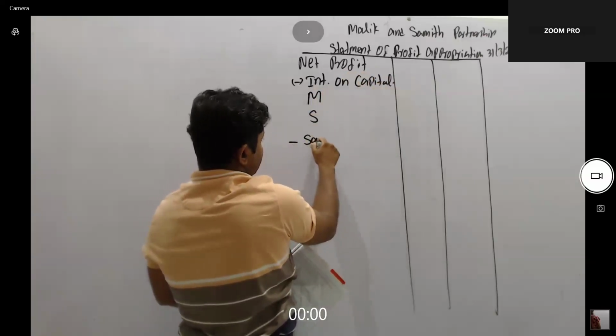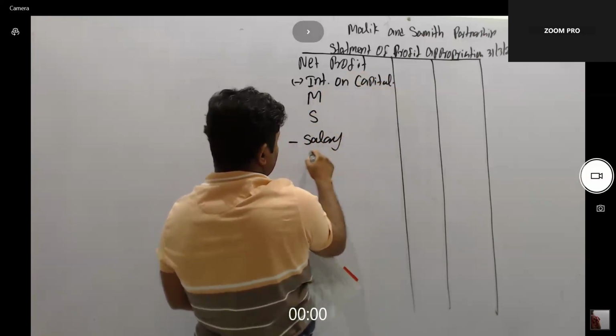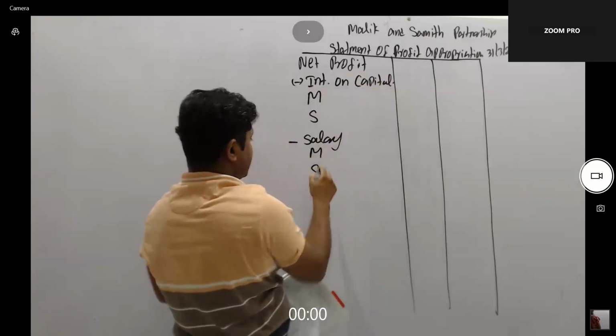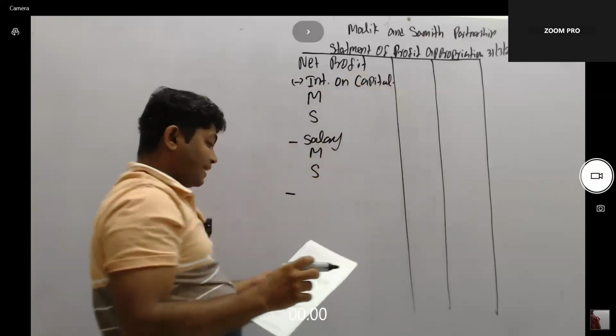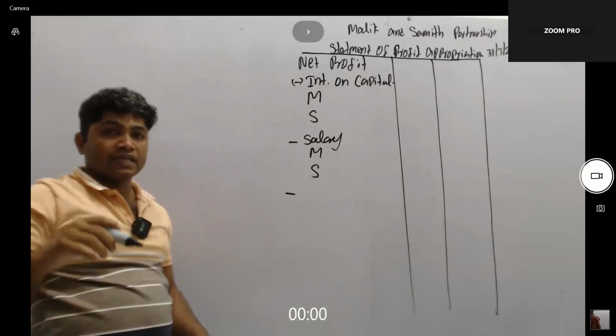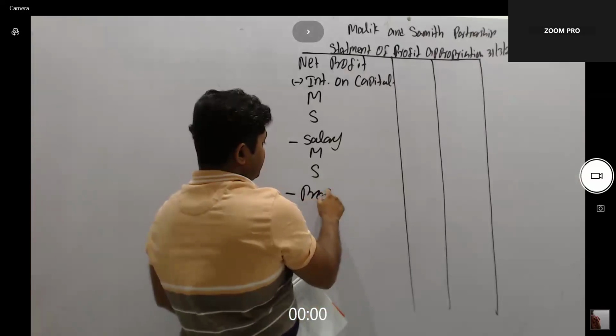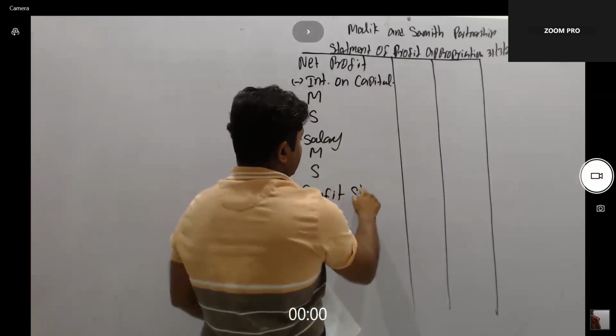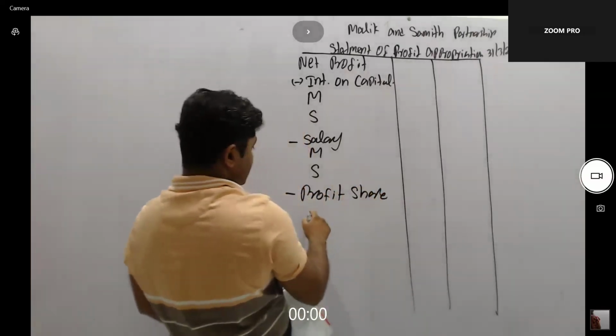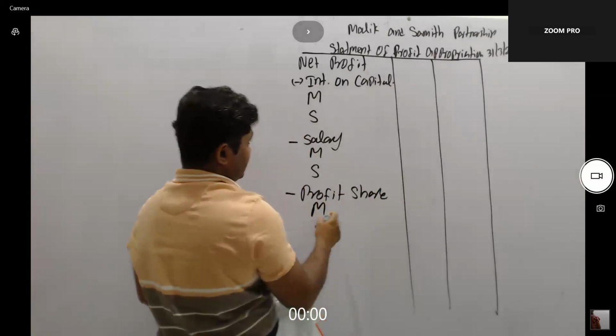As well as salary, also Malik and Samit, and profit share. Think the retired partner is not available. It has given retirement at the beginning of the year, and profit share. Profit share also two partners, Malik and Samit.